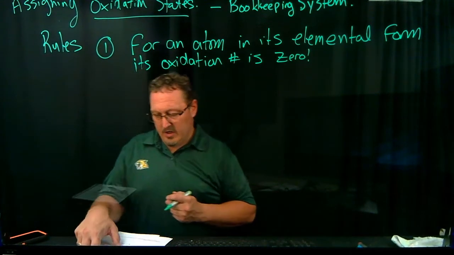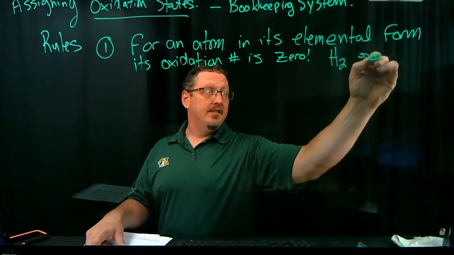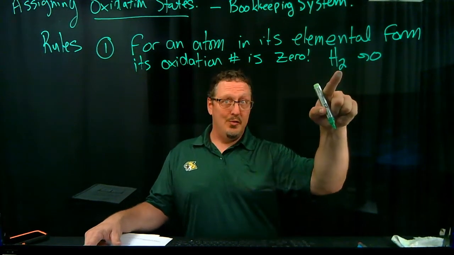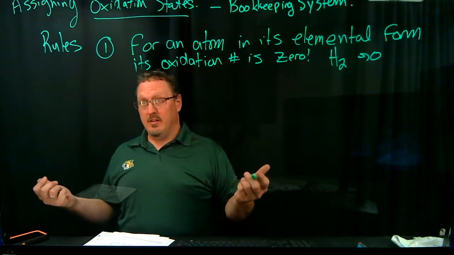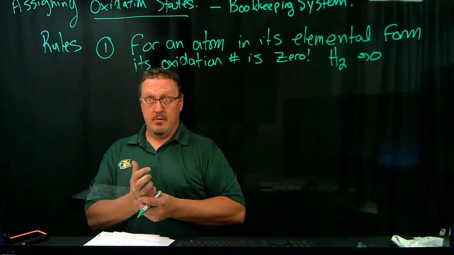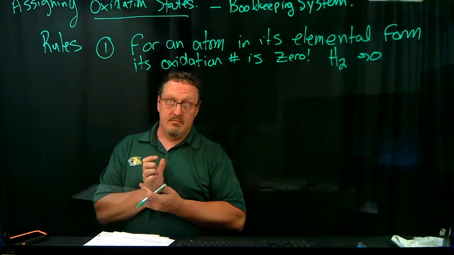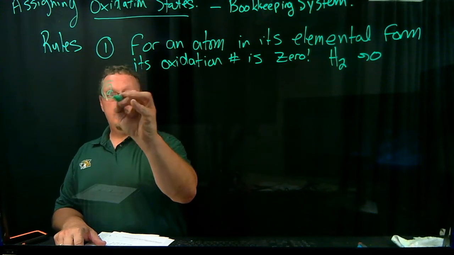Okay, so H2 is a 0. That's how it is in nature. So each atom has an oxidation number of a 0. So too with F2, Cl2, Br2. Solid aluminum, Al is a solid, oxidation number equals 0. So the state it's in on the periodic table, when you see it, that is its oxidation state. It's 0. Okay?